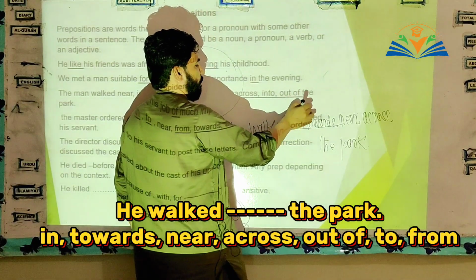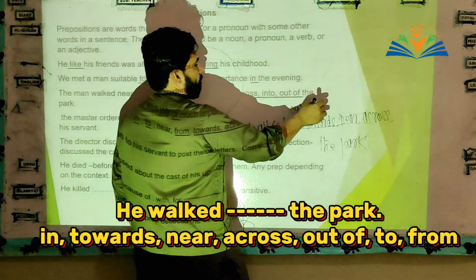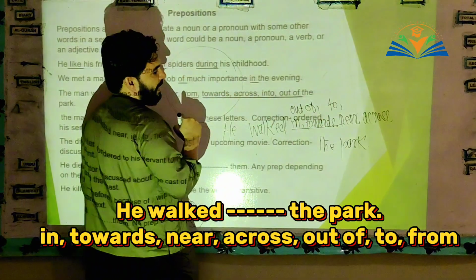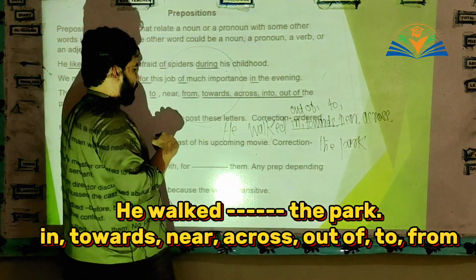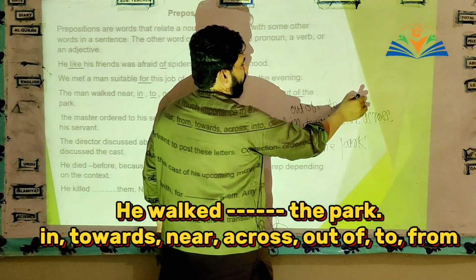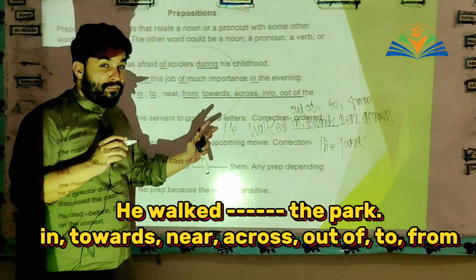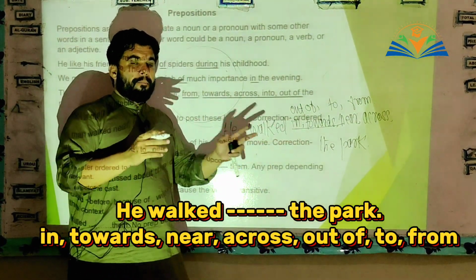We can use out of as well, or we can say he walked to the park. Like, we have many options. We can also say he walked from the park. So we don't have any fixed preposition over here.